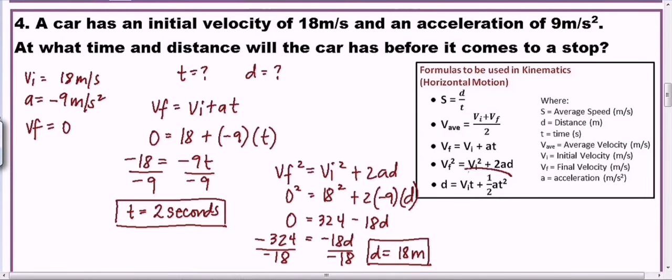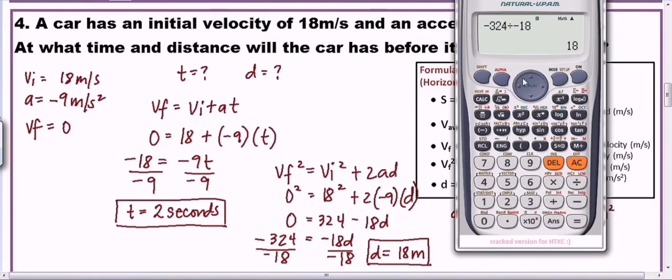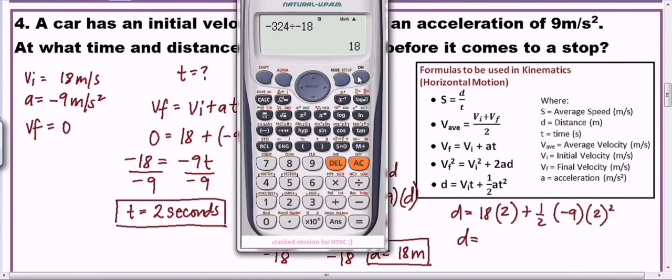Okay? Kung ito, guys, gusto nyong gamitin, pwede rin. Tingnan nyo, ha? Parehas lang makukuha nyo. So, D equals, palitan ko yung VI ng 18. Yun yung given. Yung time, ito, nakuha natin 2. Plus 1/2 times A na negative 9. Given din yan. And then yung time na na-compute natin na 2 squared. So, pwede rin yan, guys. Kung gusto nyo, salitan sila.